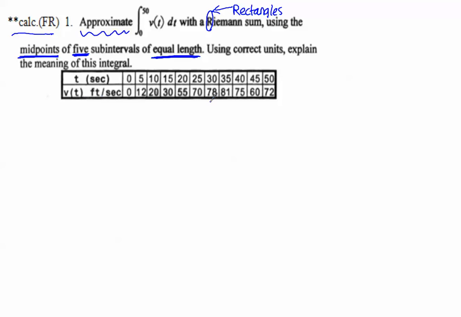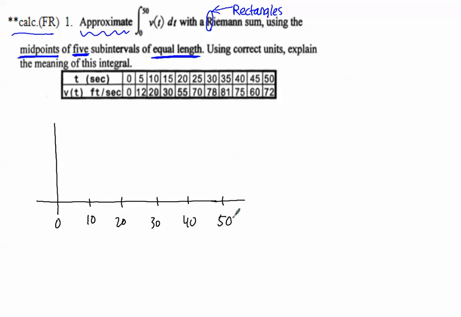I have a table, so this could be helpful. A visual, a graph, will sometimes be even more helpful. So I'm just going to mark out, we're going up to 50 here. So how about 10, 20, 30, 40, and up to 50?